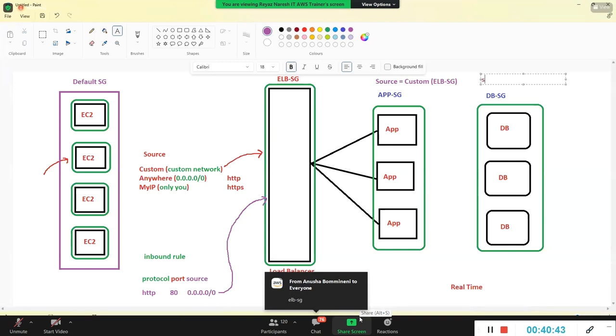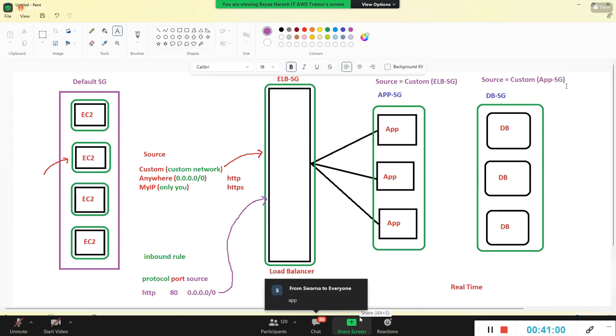And for this one, now we have the source. Again, we need to use custom. Now you tell me, from where do I need to receive the traffic inbound? Yes, app SG.